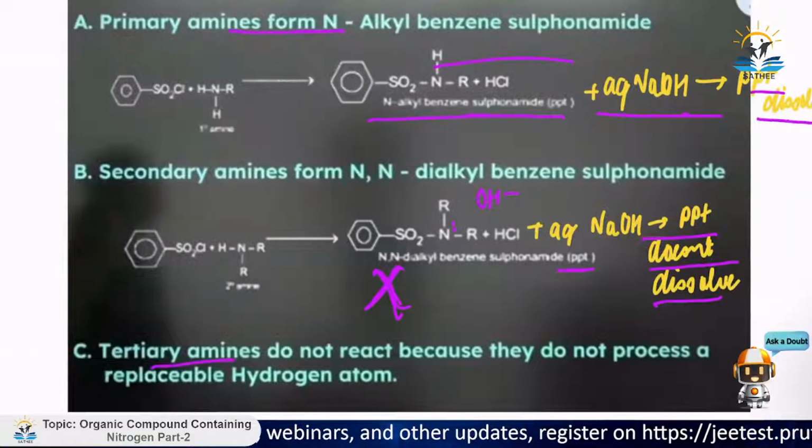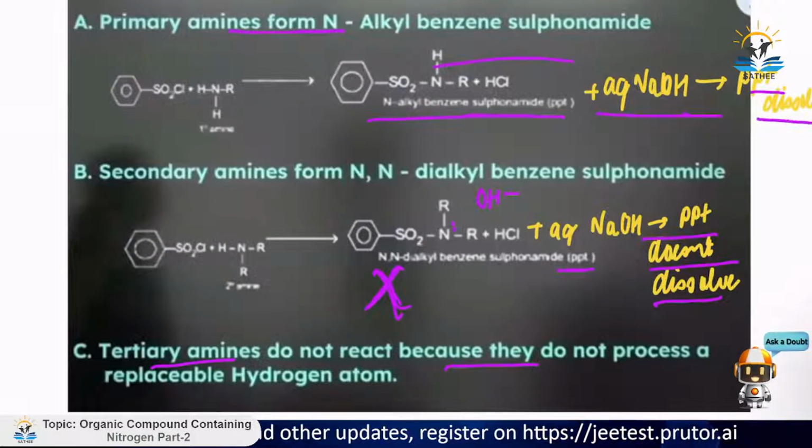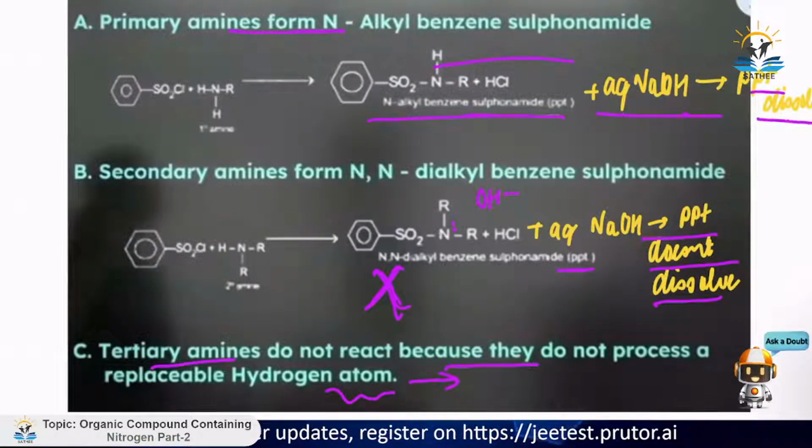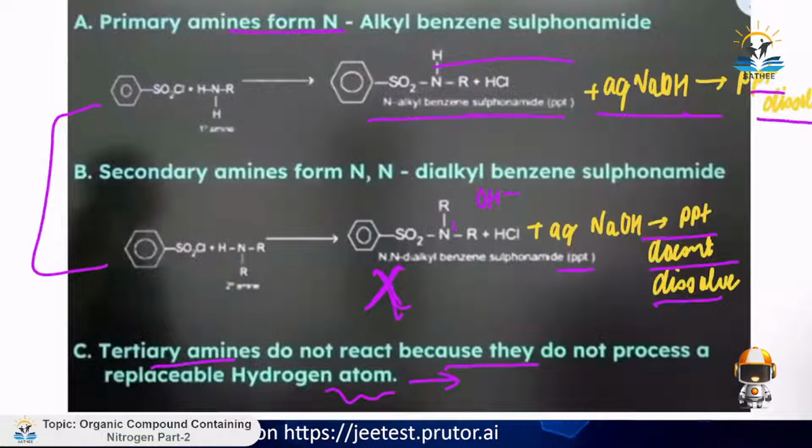And tertiary amines, we already know they do not even react with benzene sulfonyl chloride. So they will be excluded at first only. So to distinguish them, what did we use? We use aqueous NaOH and aqueous KOH and dissolve them in it. So this is how we distinguish between the three types of amines.